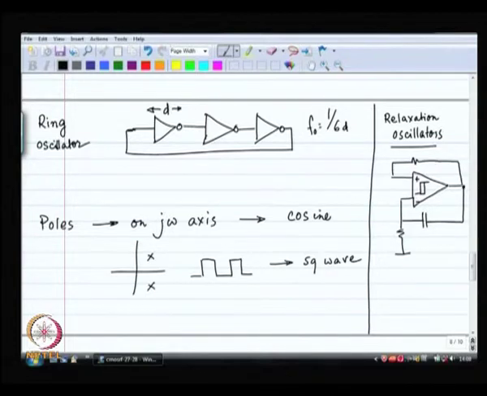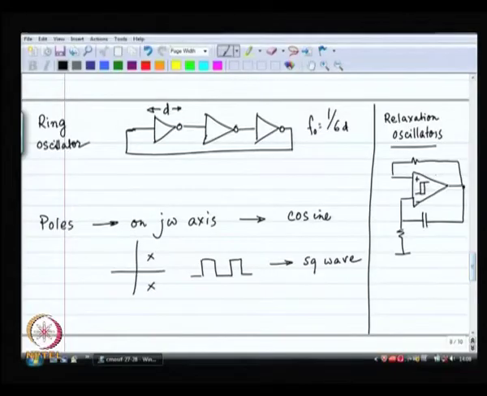So, some sort of schematic like this might work as a relaxation based oscillator. Okay. You might have studied Sedra and Smith or an old microelectronics book which talks about bistable multivibrators, right.